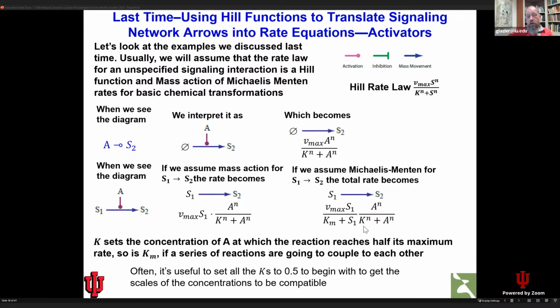Again, if we make all of our K's equal to the same value, 1/2, 1, 10, then we can combine all of these things and we know that the values are compatible with each other. That's why scaling out the Ks, if they're different in reality, is convenient.